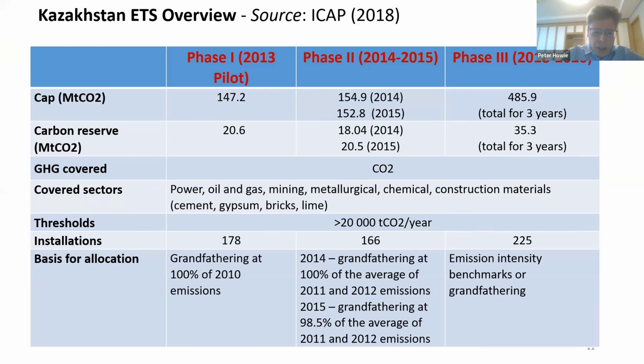And in general, for the first two phases, the allocation of the rights to pollute carbon dioxide was through grandfathering. In phase 3, each facility had the choice of either benchmarking or grandfathering.